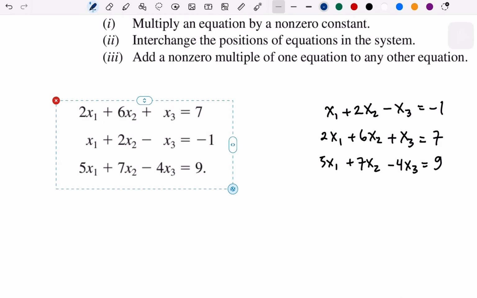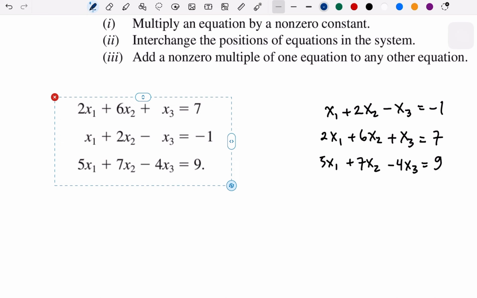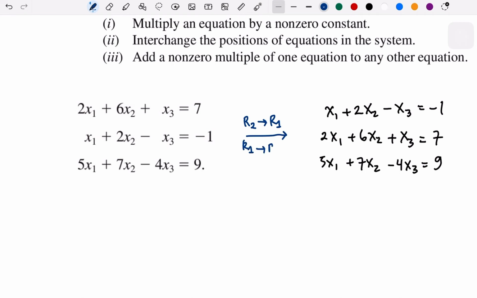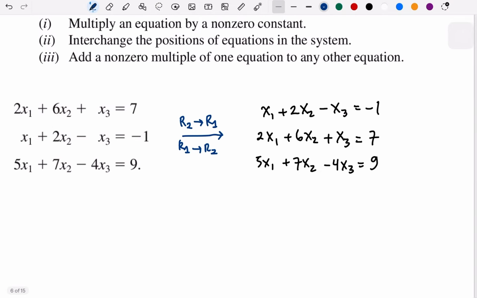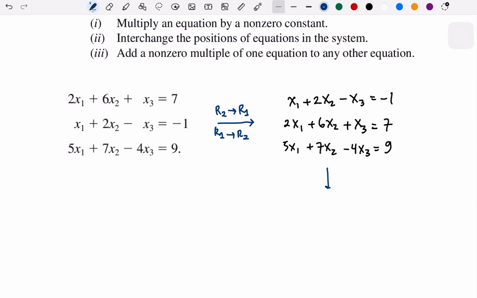To make it easy to follow, let me just write using row notation. Row 2 becomes row 1 and row 1 becomes row 2. And then I would like to do R2 minus 2R1.